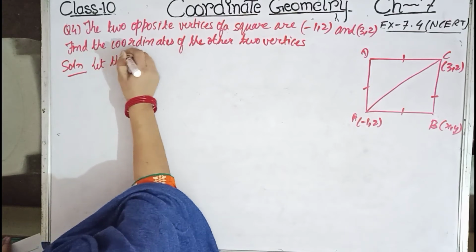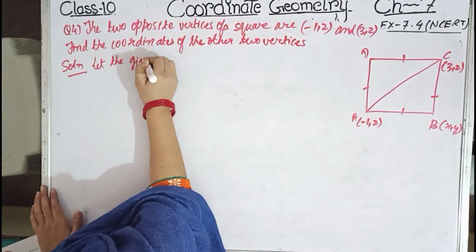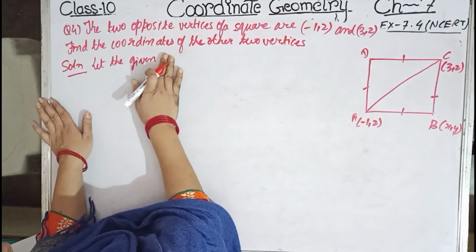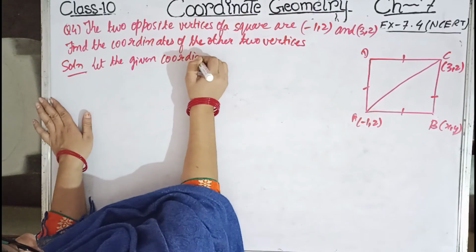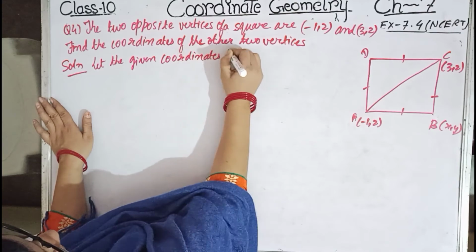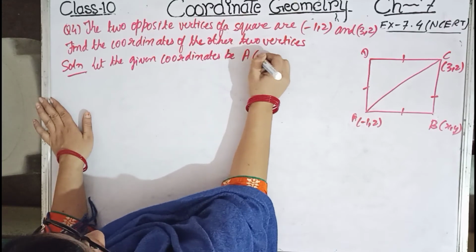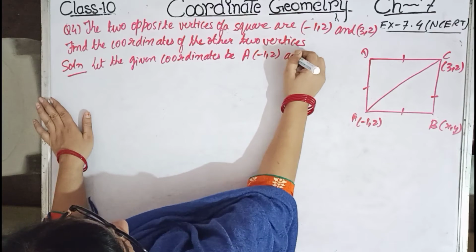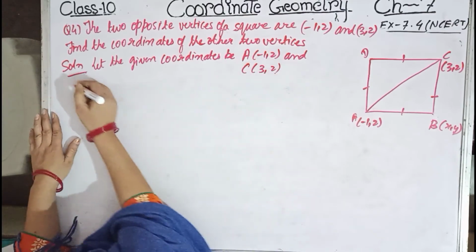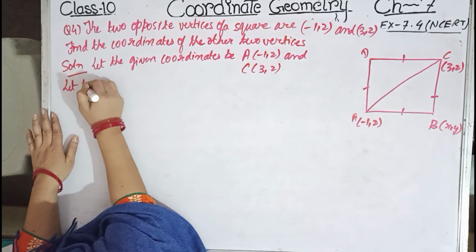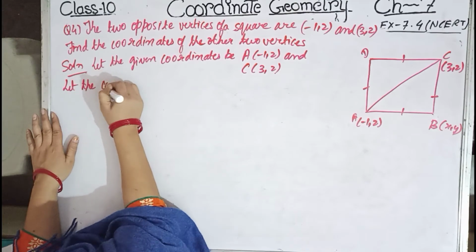Let the given coordinates be A (minus 1, 2) and C (3, 2).